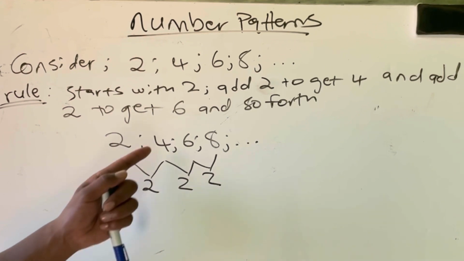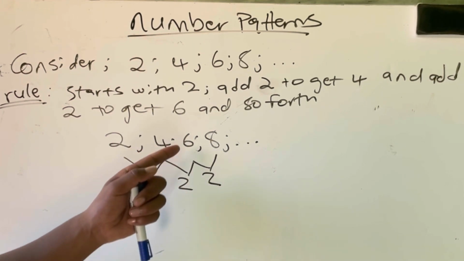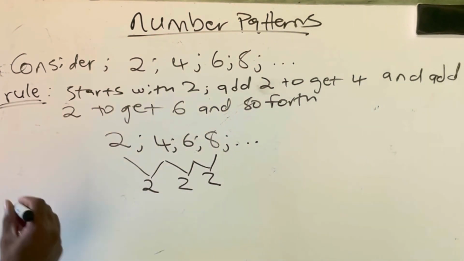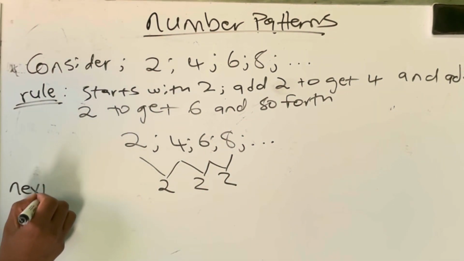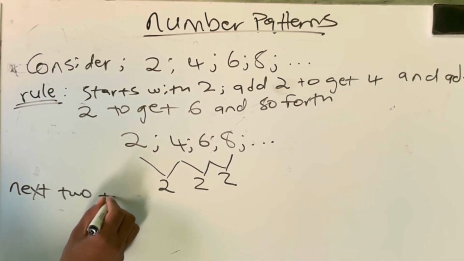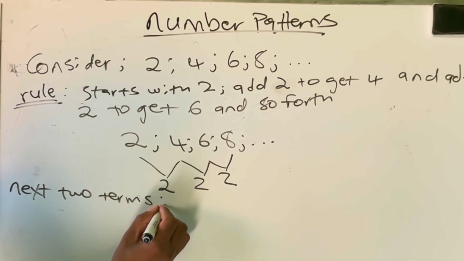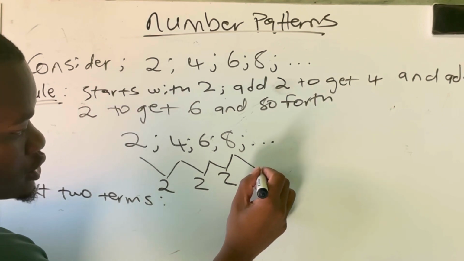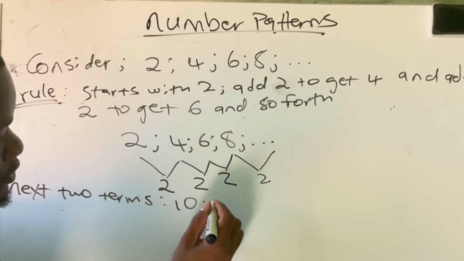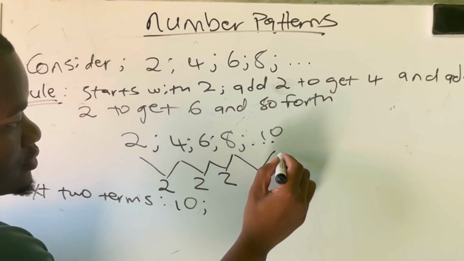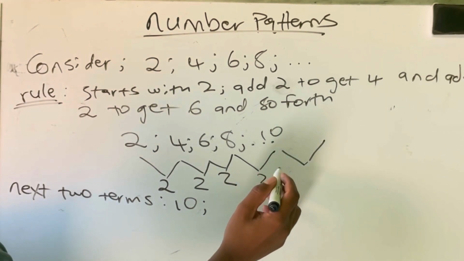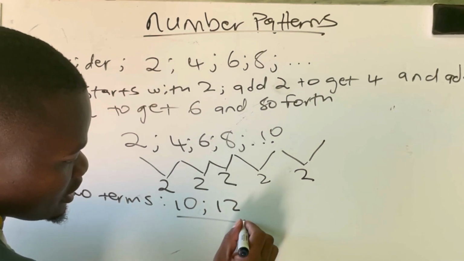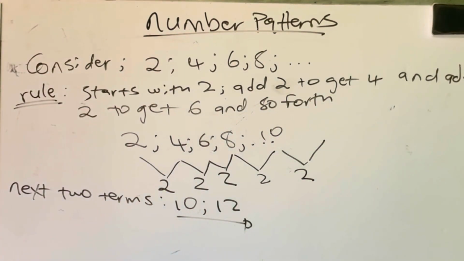So 2 plus 2 will be 4, 4 plus 2 will be 6, 6 plus 2 will be 8. So if you have to write the next 2 terms, it will be 8 plus 2, you'll get 10, and then 10 plus 2, you get 12. These are the next 2 terms.